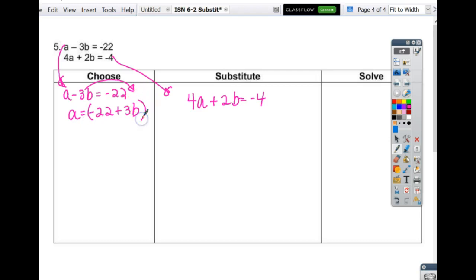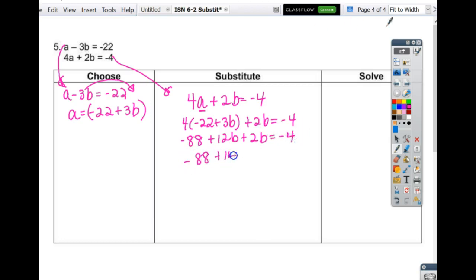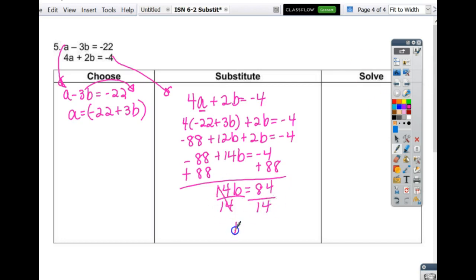And I'm going to put parentheses, and it's for a, right? So I'm substituting in for a. So I'm going to take 4 and when I distribute, so I get b is 6.